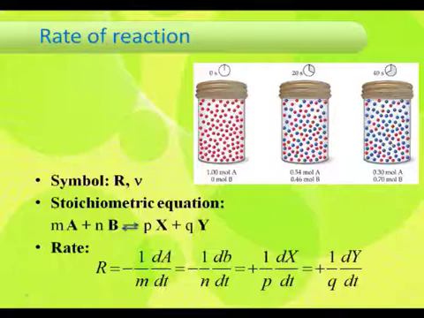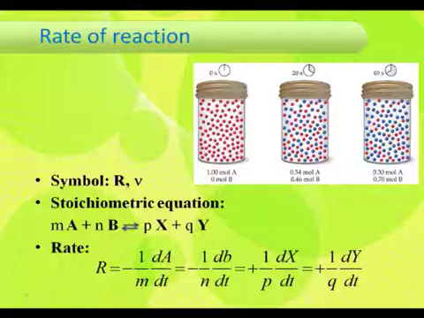Rate of reaction can be shown by R, and many of us also represent it by V. So it can be R, it can be V. If we have the stoichiometric equation, a reaction between A and B, which are the reactants, A and B react, resulting in X and Y molecules with the coefficients of the reaction m for A, n for B, p for X and q for Y. So how do we write the rate of the reaction?